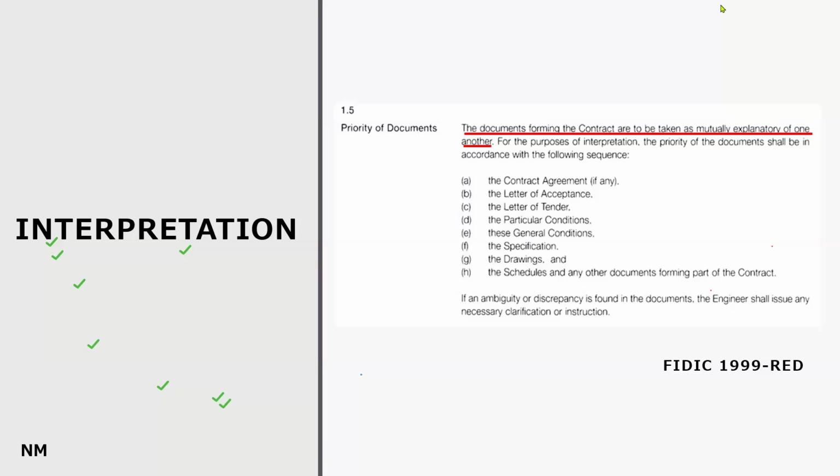And also this priority of documents. I mentioned there are so many elements, and most of the time in projects we don't get a perfect contract.